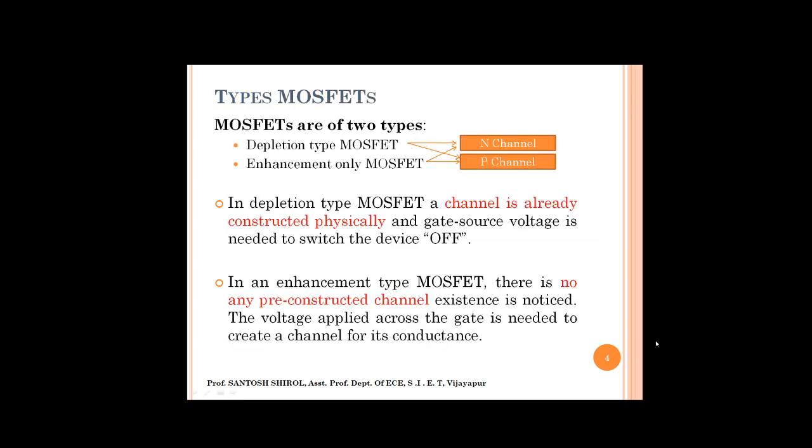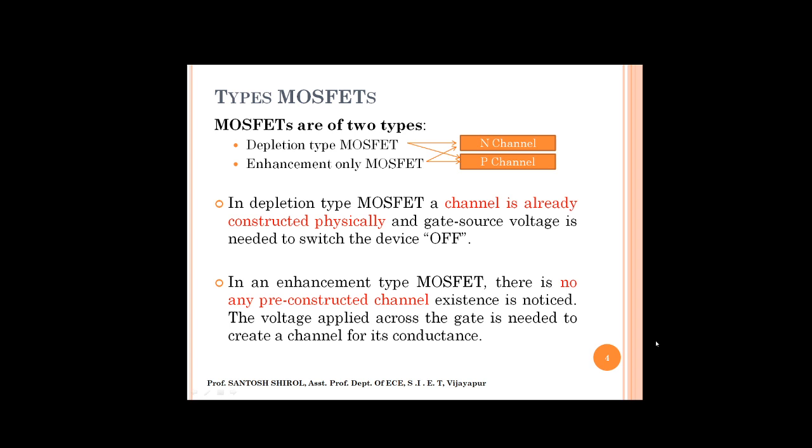So let us go into further details. Let's start with the types of MOSFETs. MOSFETs are broadly classified into two categories: depletion type MOSFET and enhancement type MOSFET. In each of these we again have two categories, one is N channel and one is P channel.